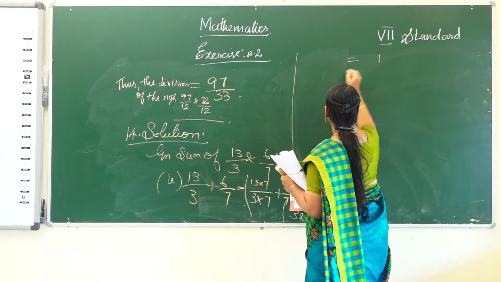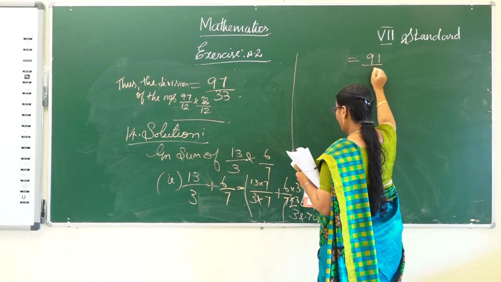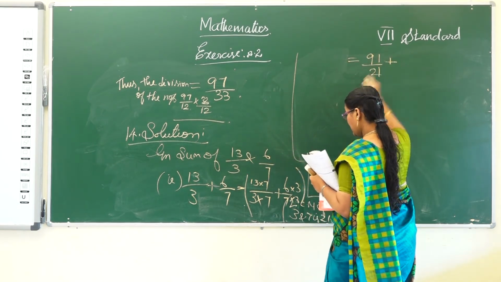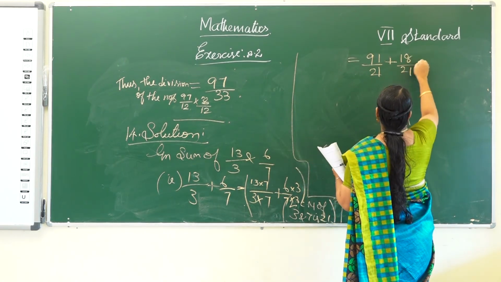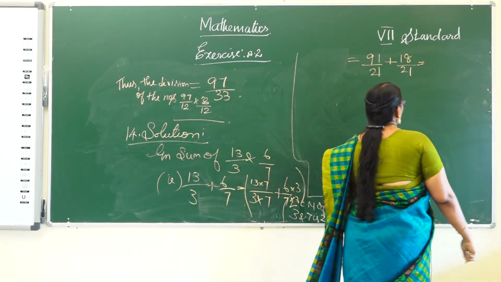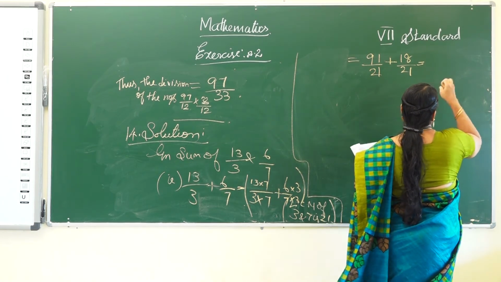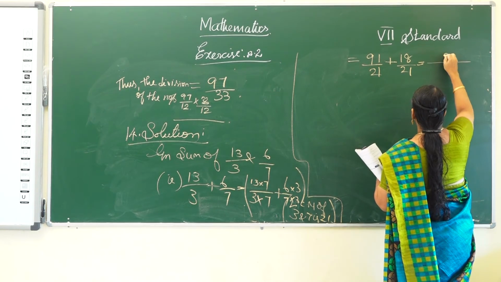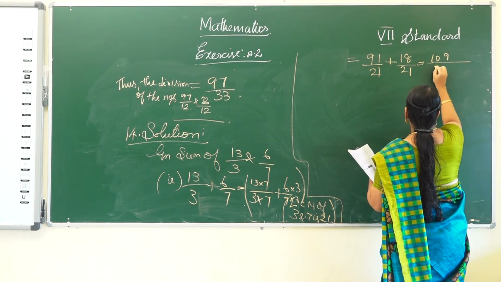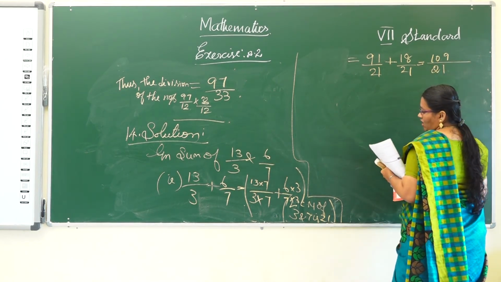So 91 by 21 plus 6 3s are 18 by 21. So now we got like fractions, so we can easily add the numerators. So 91 plus 18, 109 by 21. This is the sum value.